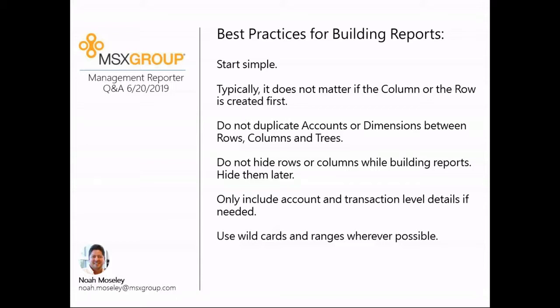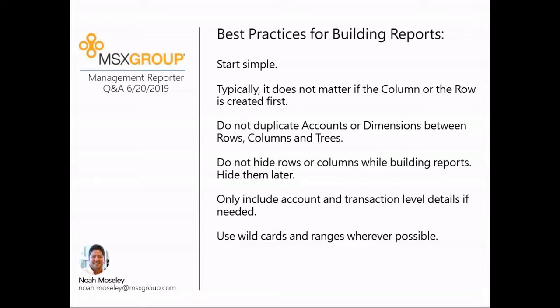When you're building reports, typically account numbers, the main number from your account mask, is referenced in the row definition. And you wouldn't have it in other places. So a good practice is, and this applies to not just account numbers, but also to any of your other dimensions as well, about not duplicating those IDs. So the account numbers or dimension IDs in the row and the column and the tree.